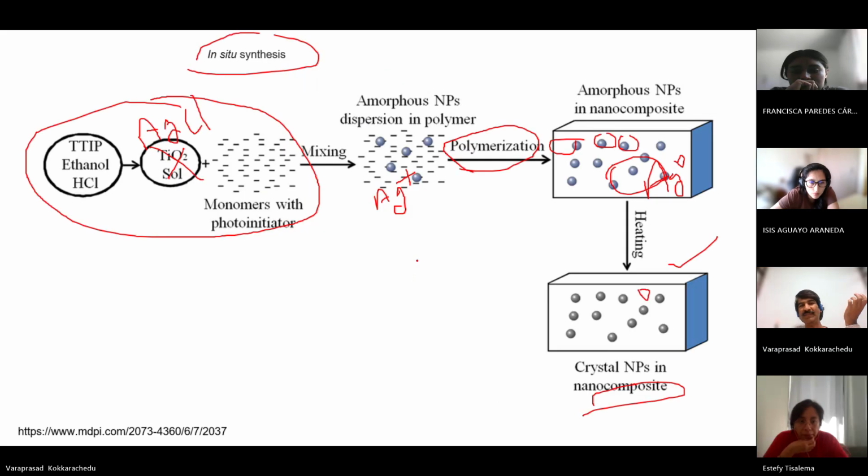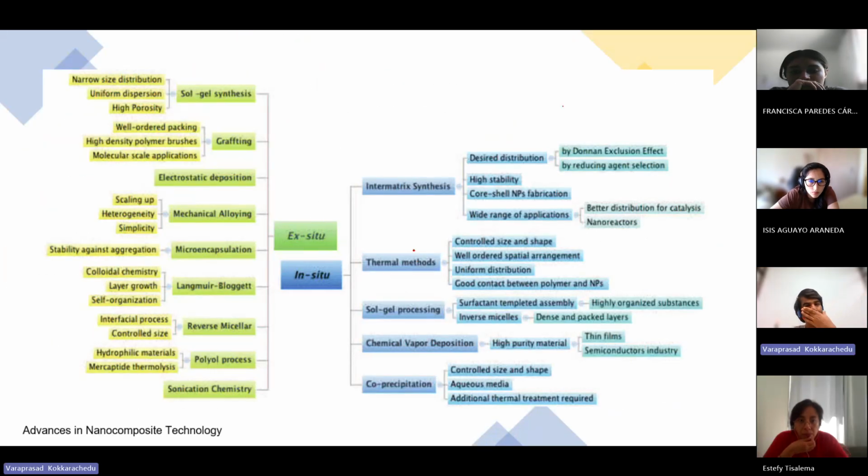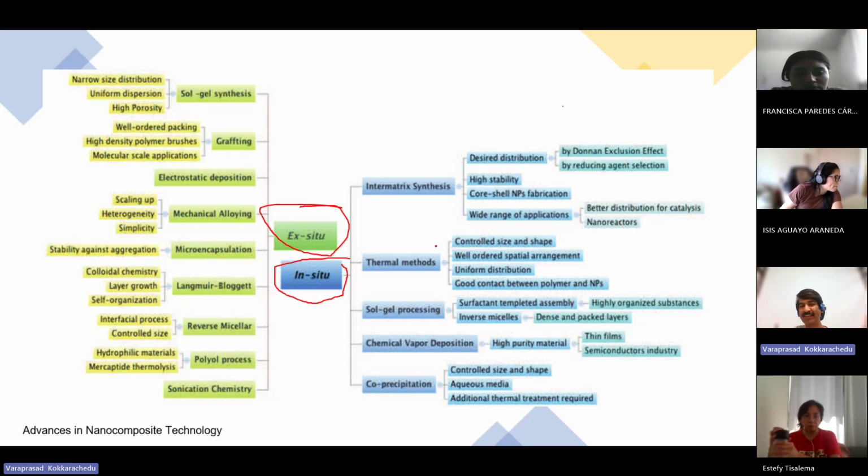Okay, and there are so many classifications, in-situ methods, ex-situ methods. There are so many processes. Everything we already discussed, like co-precipitation, sol-gel, thermal, chemical vapor deposition method, but they keep different names here, okay?